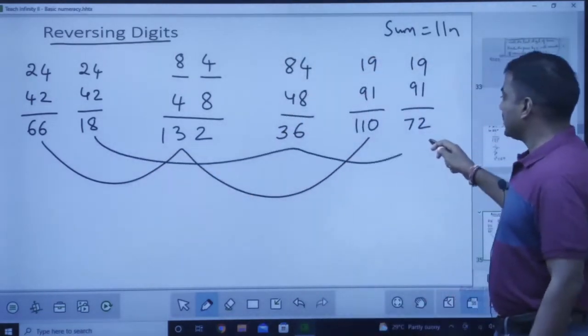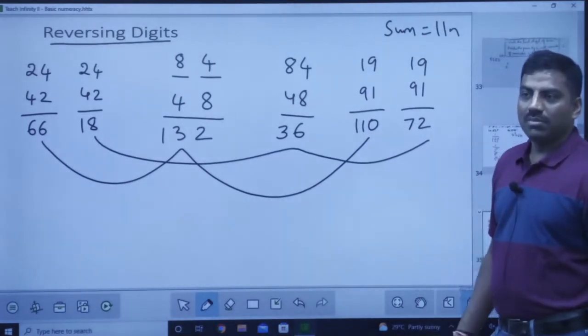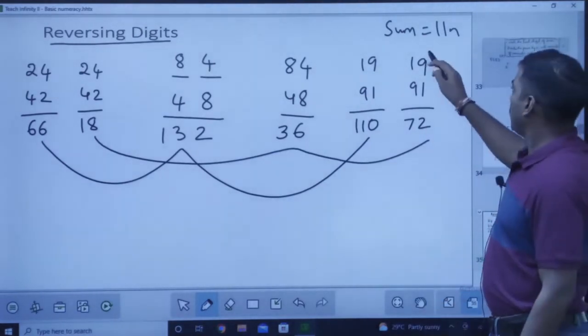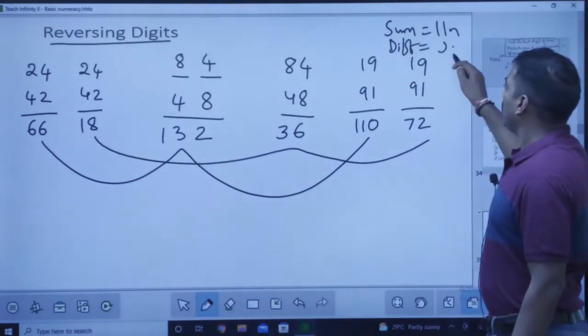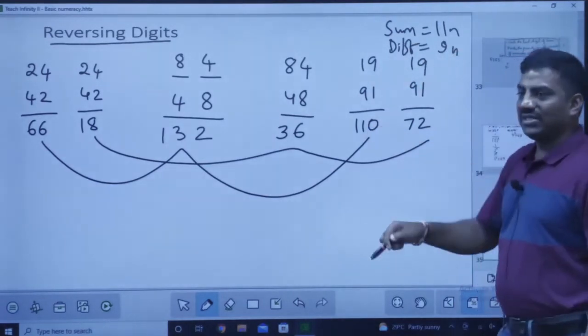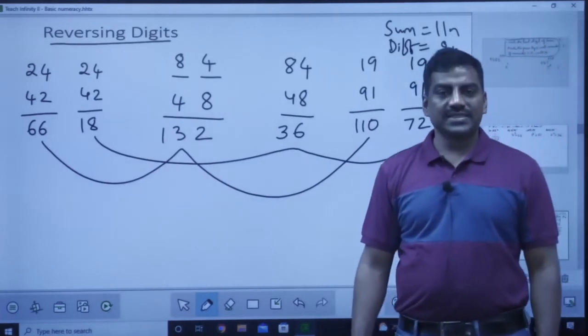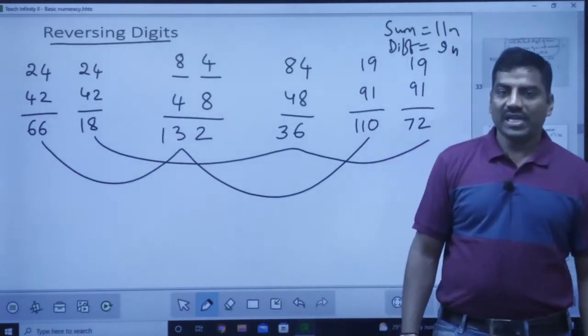18, 36, 72. Multiples of 9. You can ask me, sir, multiples of 18? No. Only these examples are giving such. But if you take all the cases, they will be in the form of 9.